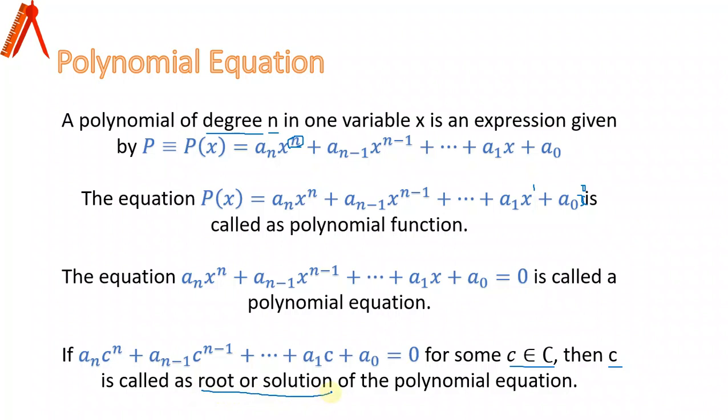Most of us confuse roots and solutions of an equation, but both of them are the same. They are the constant values of the variable in this equation that make it equal to a particular value, over here 0. Those values are said to be the roots or solutions of that equation.